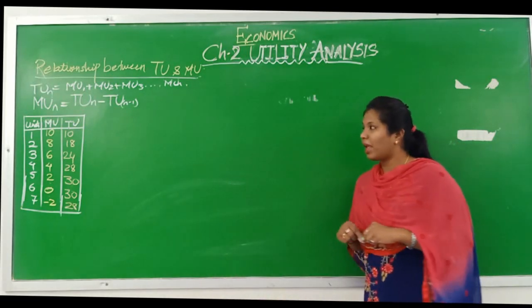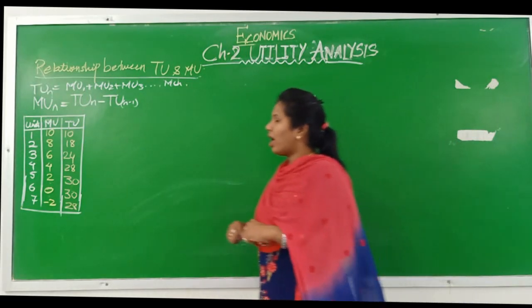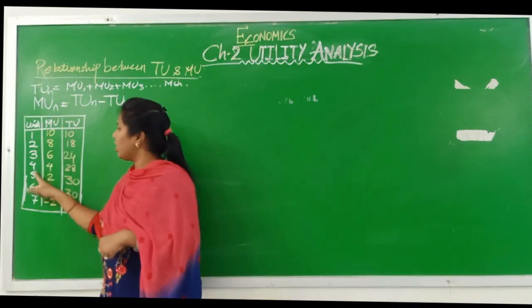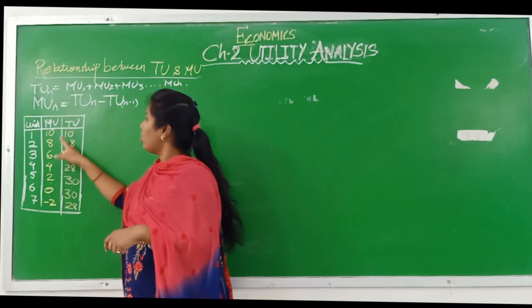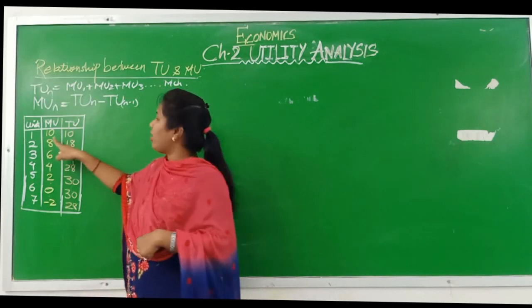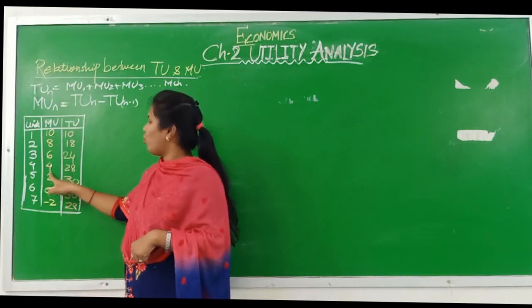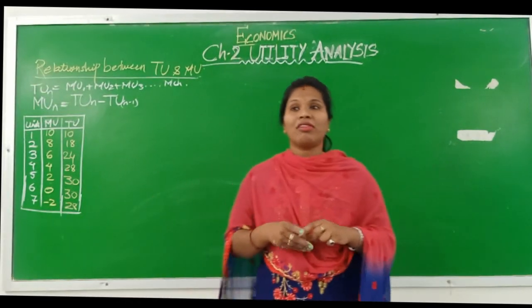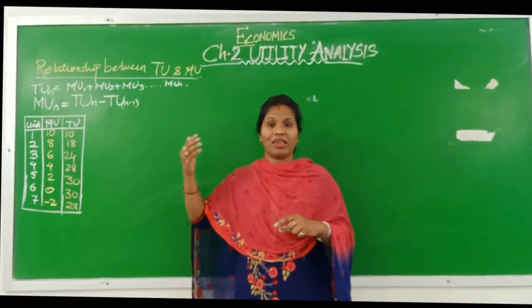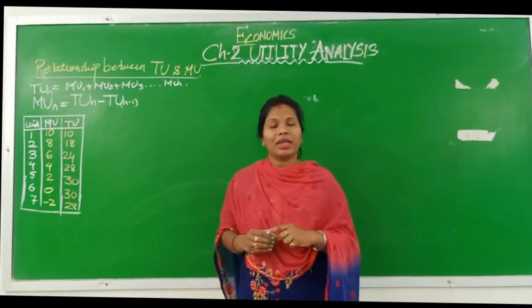When we see the table, we can see that as units of commodity increase from 1, 2, 3, 4, 5, 6, 7, marginal utility diminishes, that is 10, 8, 6, 4, 2, 0 and minus 2. What does it mean? It means that as units of commodity increase, the marginal utility decreases.